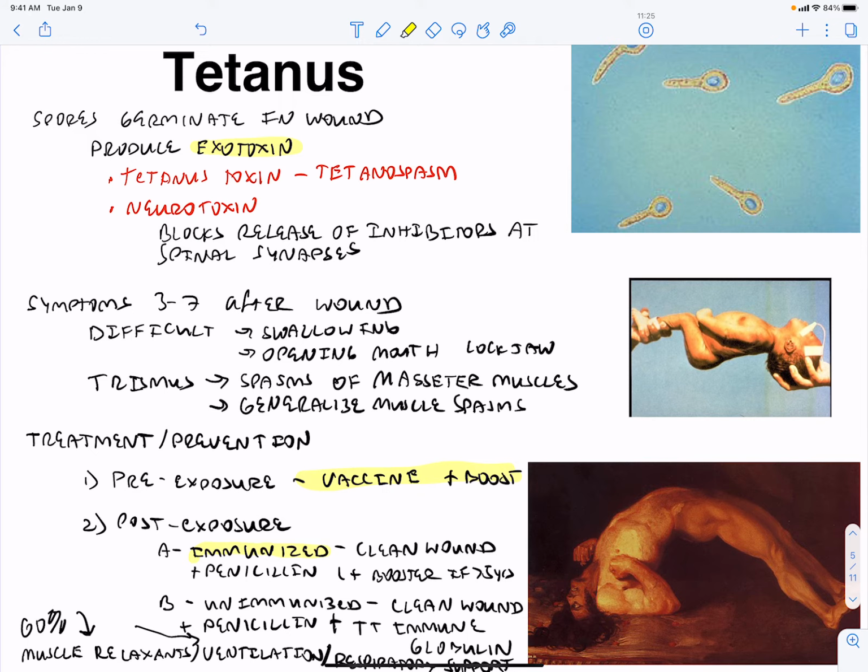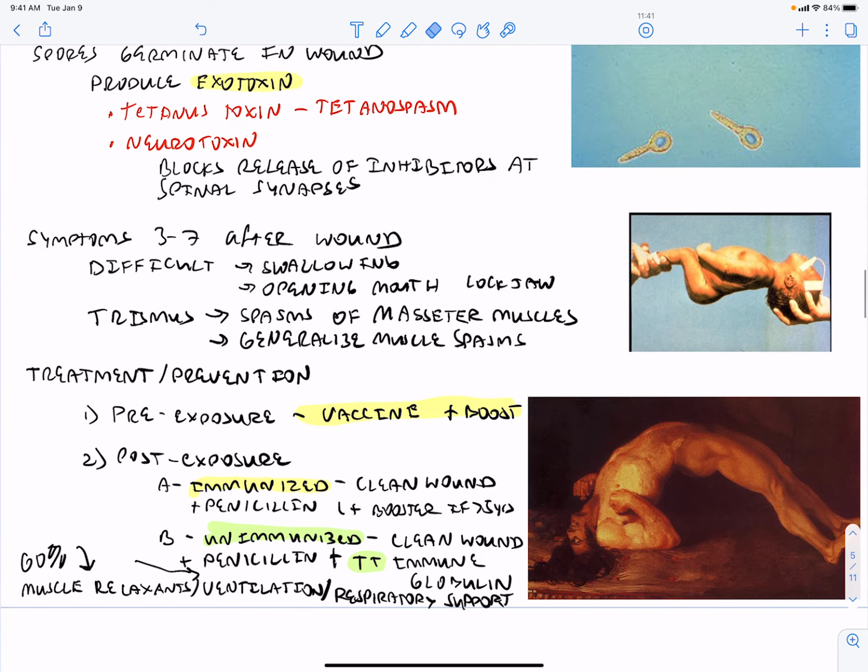If you have an unimmunized individual or somebody who doesn't know whether or not they have been immunized within the last 10 years, you then would again clean the wound, give penicillin, and you would give them tetanus toxin immune globulin.